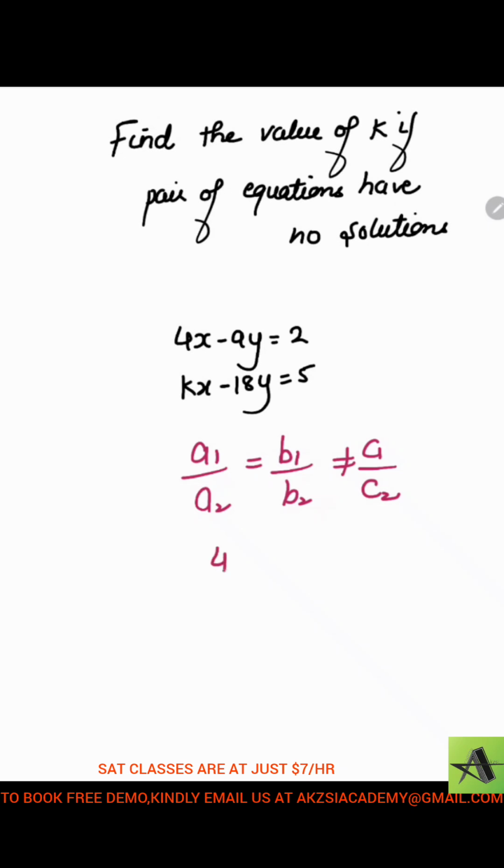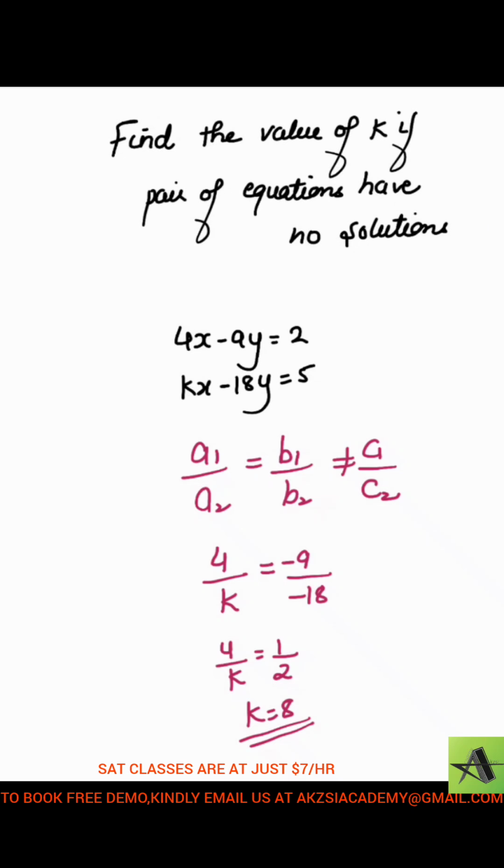So a1 over a2, which is 4 over k, should be equal to b1 over b2, that is minus 9 over minus 18. So 4 over k is equal to 1 over 2, and k turns out to be 8. That means the value of k should be 8 to make the solution a no solution.